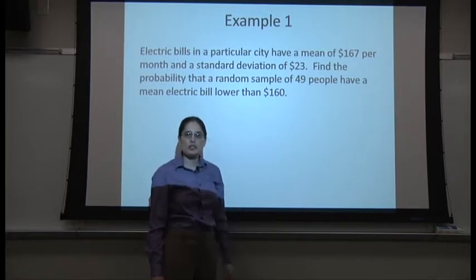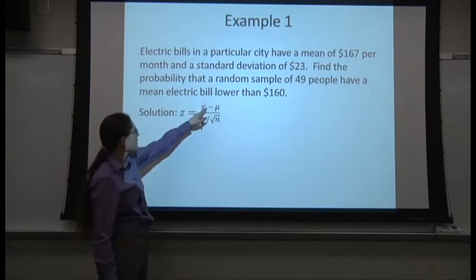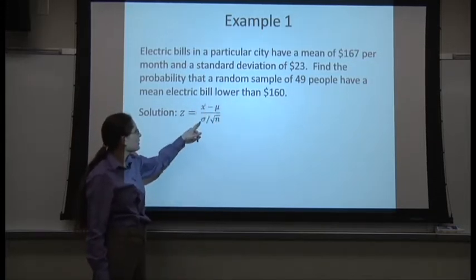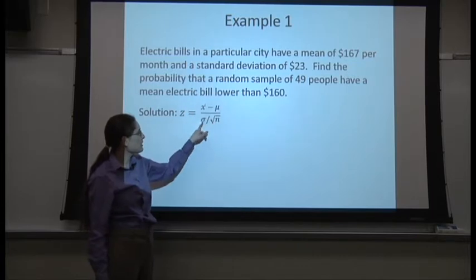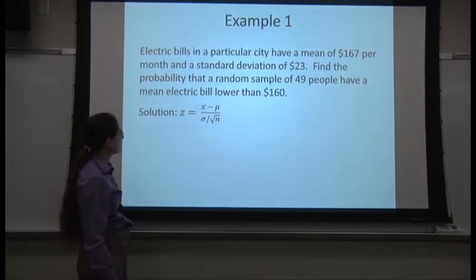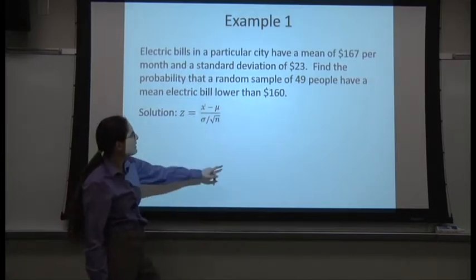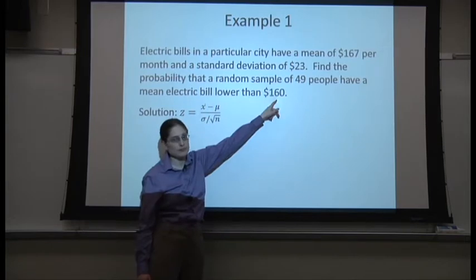Well, we're going to use the new Z formula. X bar minus mu, over standard deviation divided by the square root of n. What's this going to be? Right, the sample mean.